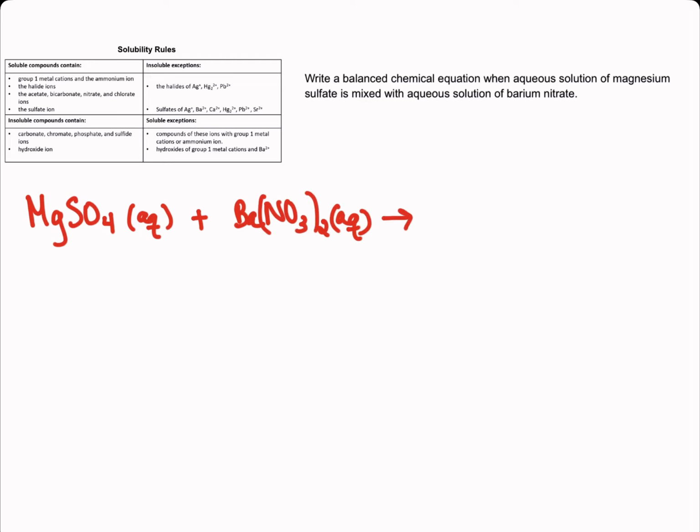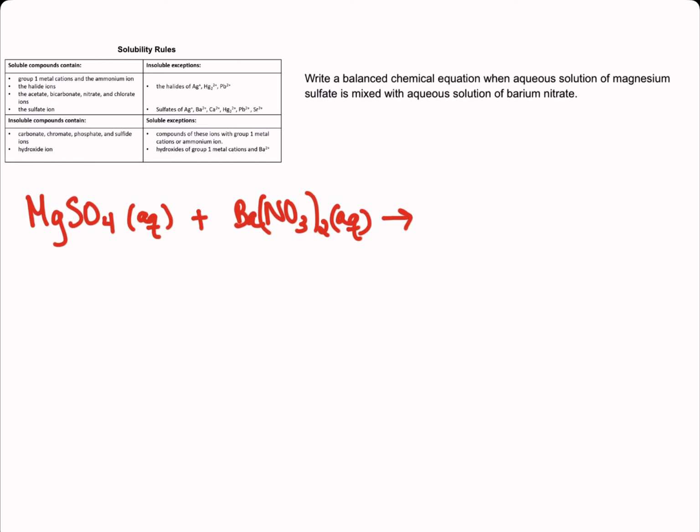Write a balanced chemical equation when aqueous solution of magnesium sulfate is mixed with aqueous solution of barium nitrate. So, magnesium sulfate, aqueous, plus barium nitrate, aqueous, and now we have to predict the product.